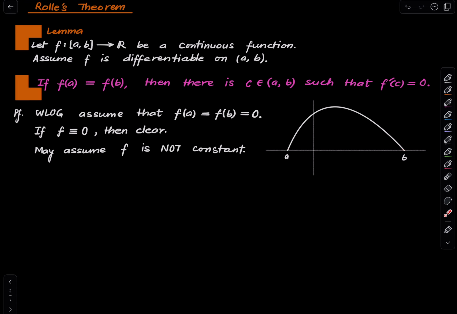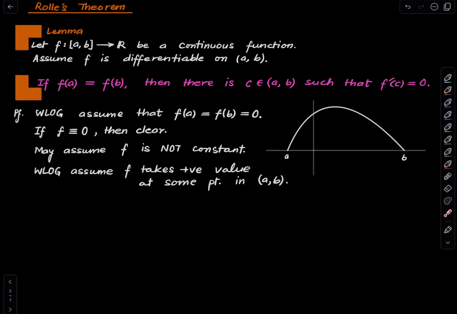Again, it doesn't matter whether that value is positive or negative, so without loss of generality we may assume that f takes a positive value somewhere at some point in this open interval (a, b).